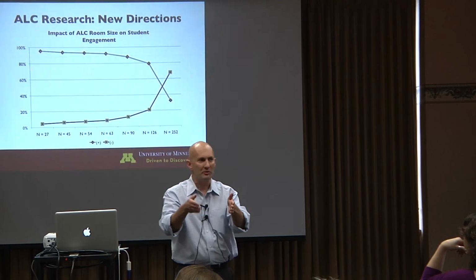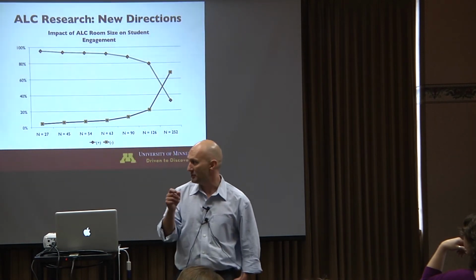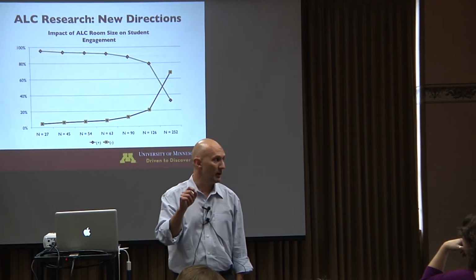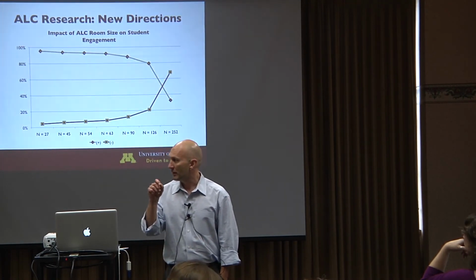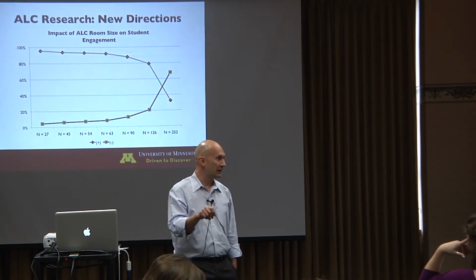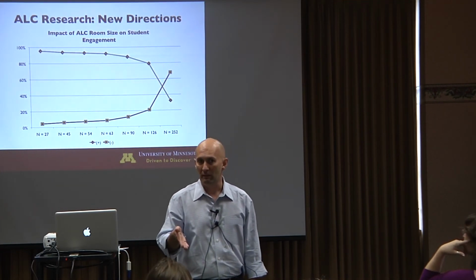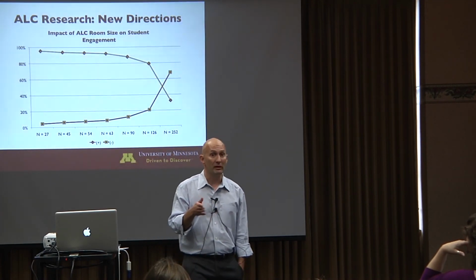And so as more and more people are asking, how big can we go with this, we might be able to actually tell, especially given the size of the data that we have here, classroom managers, college and university planners, and architects: don't build rooms larger than X, because the law of diminishing returns kicks in and you're not getting any bang for your buck.